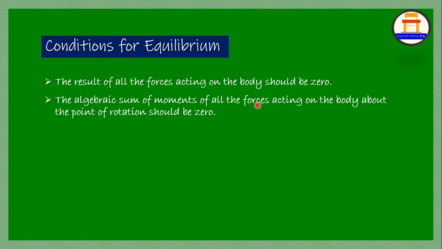These two are similar kinds of points, but it is fine. You can apply both, both are applicable. So the sum of moments of forces, or the sum of all the forces, should be zero. The resultant of forces should be zero for the condition.